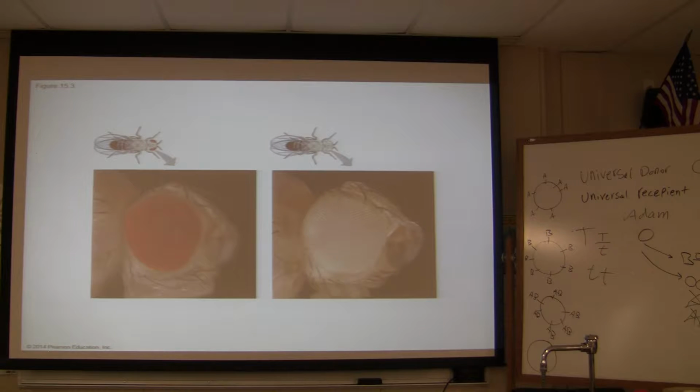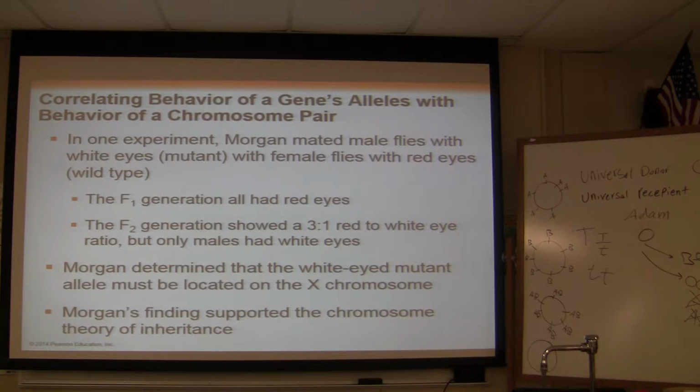So he bred these fruit flies, and after he bred them, he looked at them under dissecting scopes to see which ones had red eyes and which had white eyes. The red eye was the wild type. Wild type means the one that is normal. That's what it's supposed to be. The white eyes are the mutant ones. Okay, that's what Morgan studied.